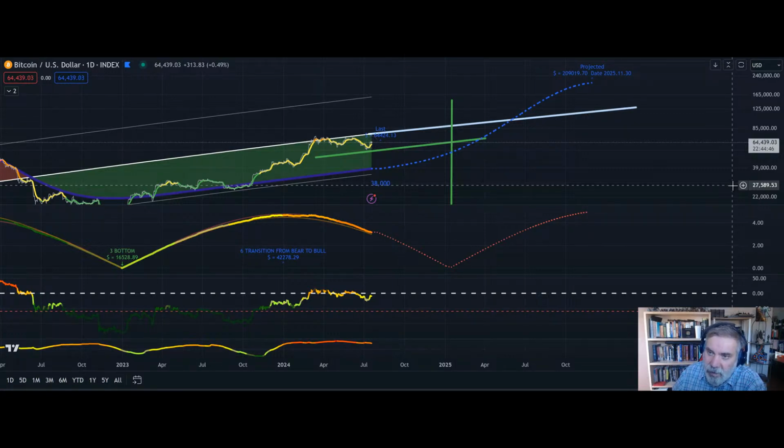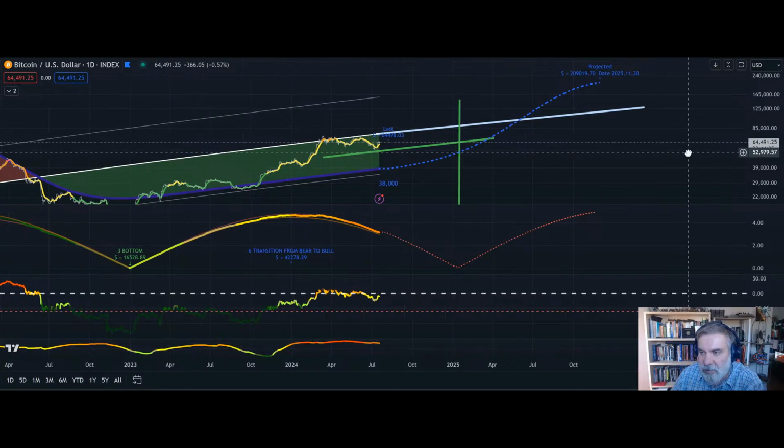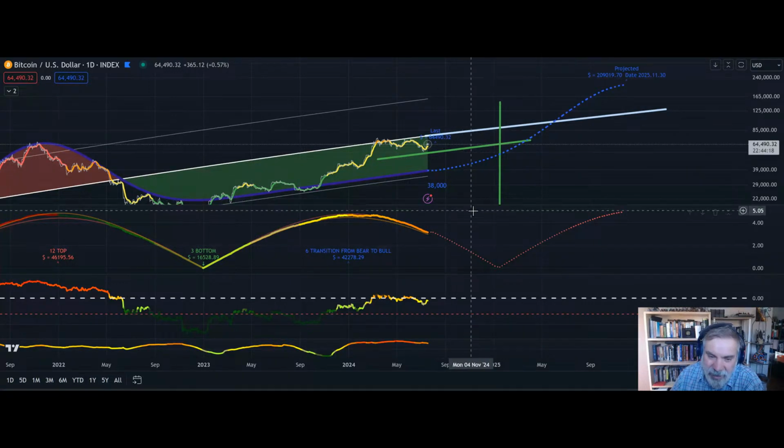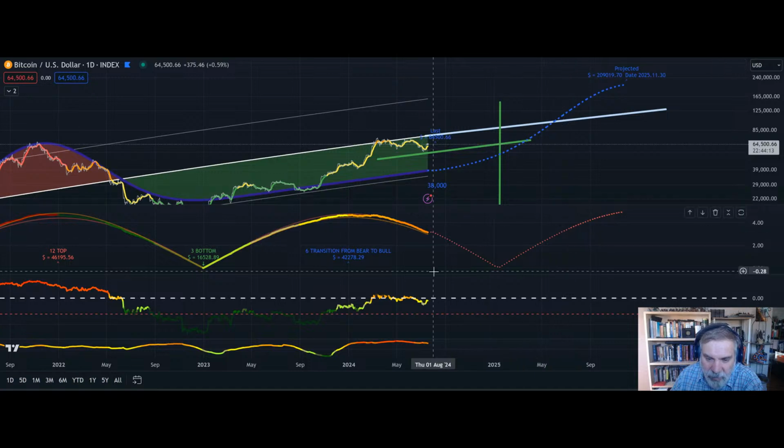In this case, it will be January of 2027 or December 2026 when the next bottom will happen, and a deviation of 60% should give us 70,000. So this is the analysis, not just of this current situation right now, but also of what is going to happen in the next few months.